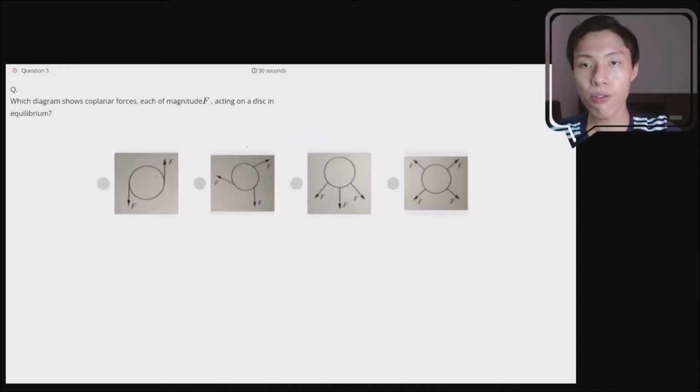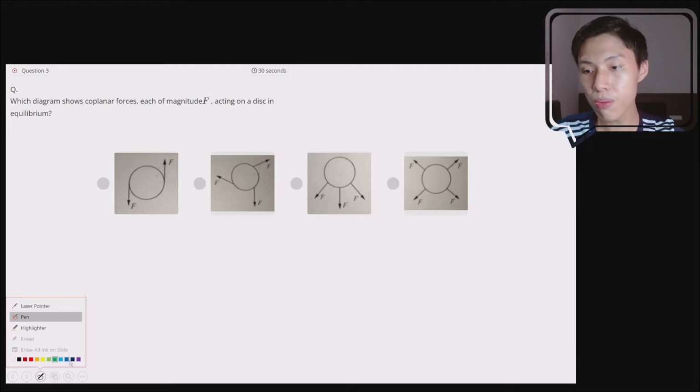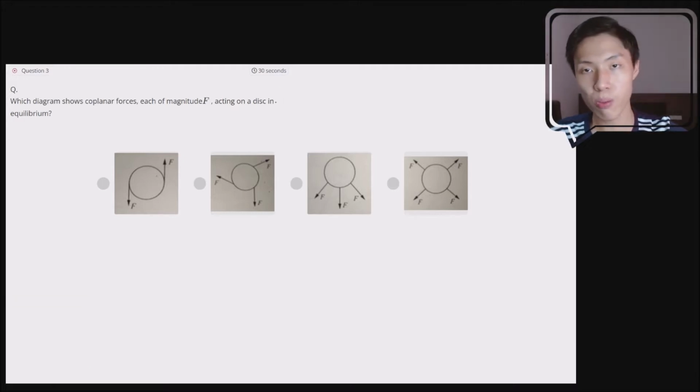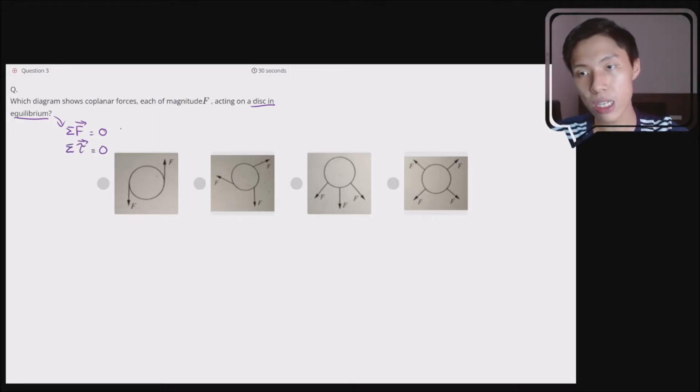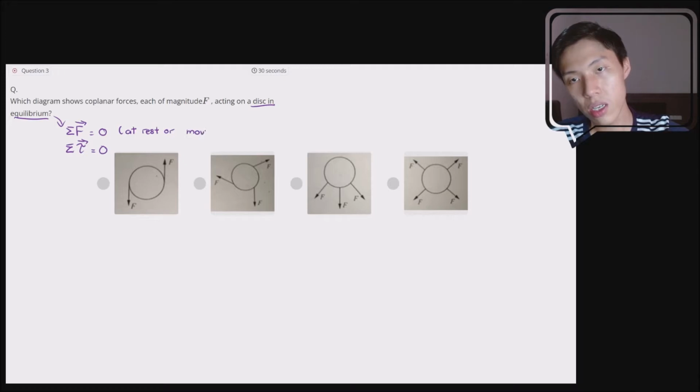So if the forces acting on the disc are in equilibrium, what you should expect is that the sum of force should be equal to 0. At the same time, the sum of torque should be equal to 0. Sum of force equal to 0 will cause the object to be at rest or moving at constant velocity.